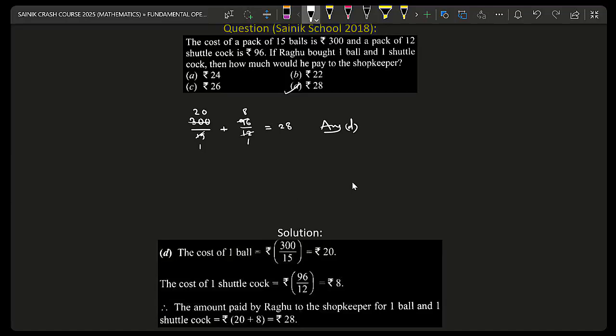Sir, after this chapter in maths, what will you start, sir? After this, we're going for simplification. Simplification. Okay, sir.